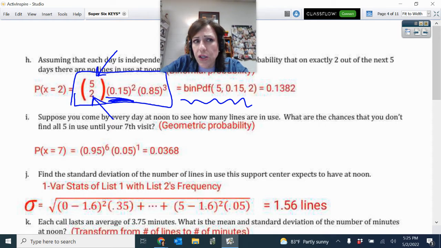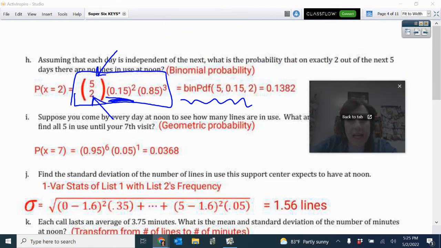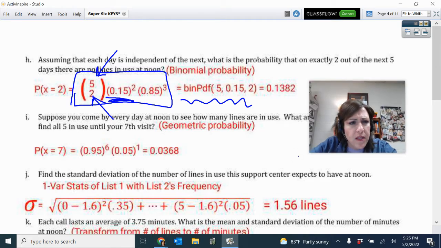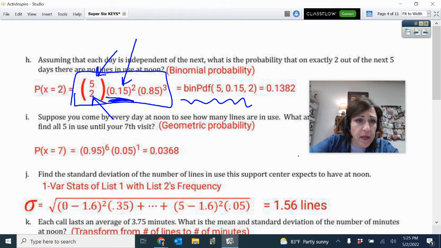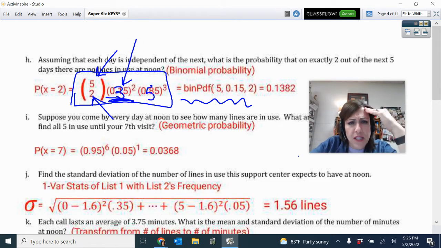no lines in use. So I'm wondering if I might have used the wrong number here. There are no lines in use, because wasn't no lines in use 0.35? So I'm thinking that this right here should have been a 0.35 and then 0.55. Assuming each day is independent, with probability exactly 2 of the next 5, there are no lines in use.